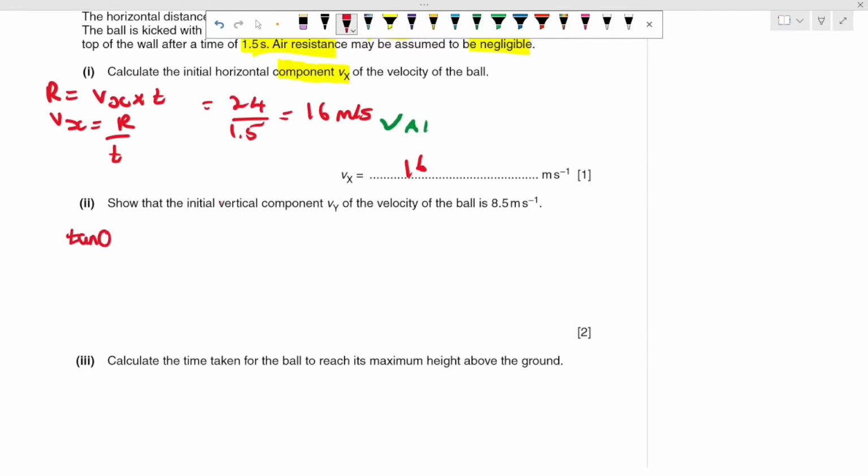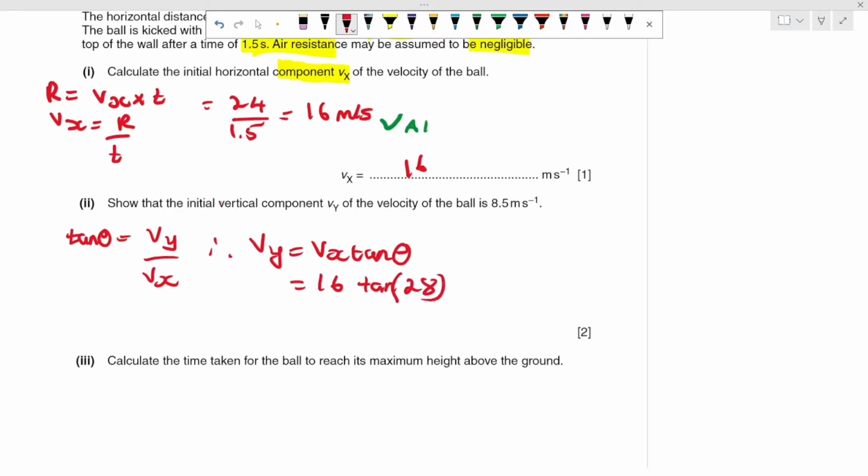So tan theta will be equal to, your opposite is Vy, your adjacent is Vx, therefore Vy will be equal to Vx tan of theta. Your Vx is 16, tan of 28, and that will basically give you 8.507350907. So that's essentially 8.5 meters per second.